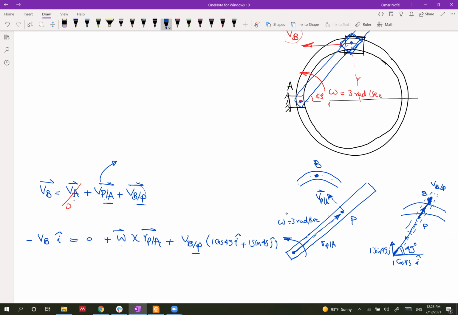Okay, we know omega, and we know the RB with respect to A here. We know this vector because it's given in this problem that R is equal to 0.4 meter.